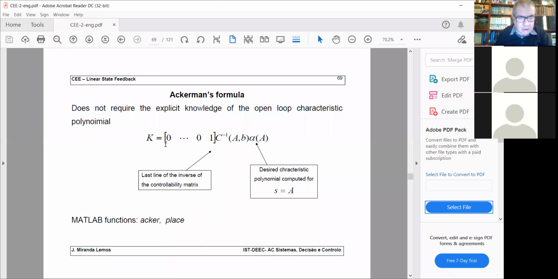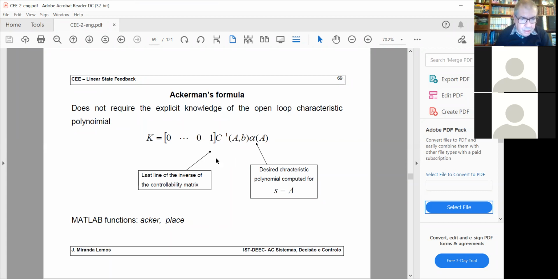This is a vector with zeros, and the last element is a 1. So this is nothing more than the last line of the inverse of the controllability matrix of A, B. And then you have the desired characteristic polynomial computed for s equal to A. So you replace s by A.